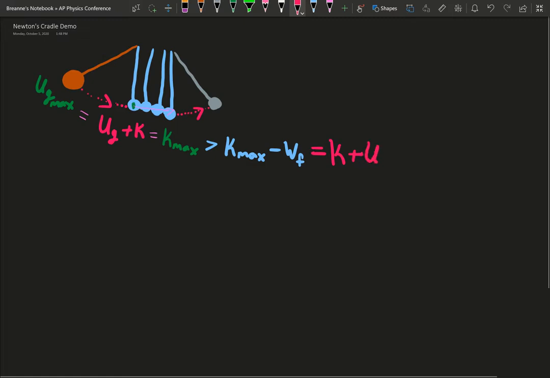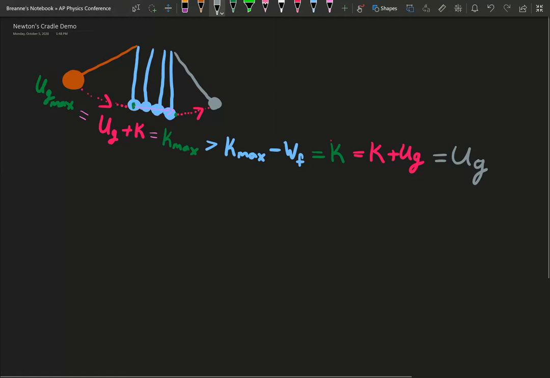So all that does go into kinetic energy, but it's not max. So right there, we'll have kinetic energy, but it's not going to be the same because we lost some work. Then all that kinetic energy is going to get converted into gravitational, which then eventually would equal gravitational. And the process continues.